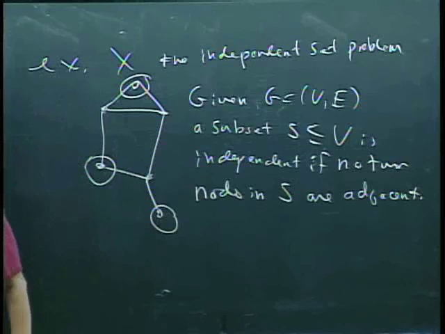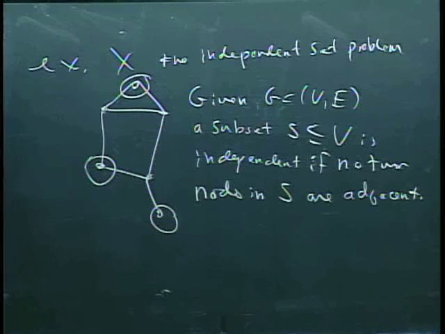In the whole theory of NP and NP-completeness, there's a simplification that isn't absolutely necessary, but it makes things a lot easier if we cast our problems as decision problems. A decision problem has a yes or no answer.